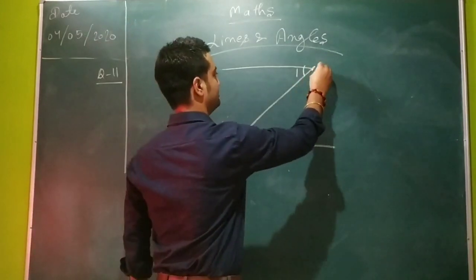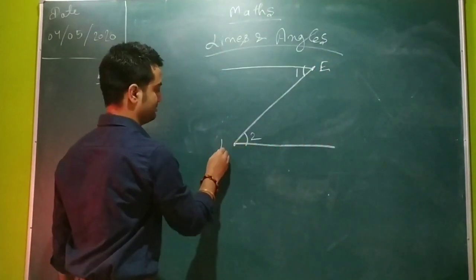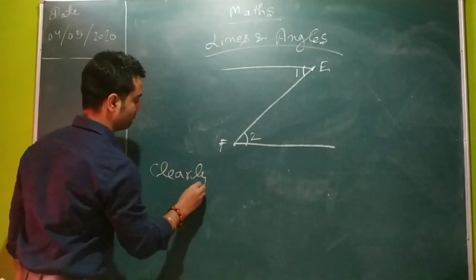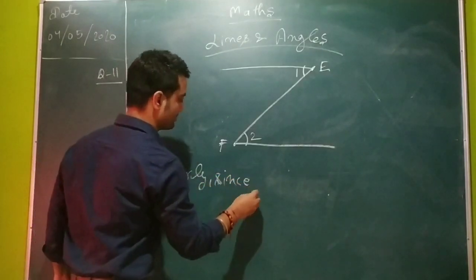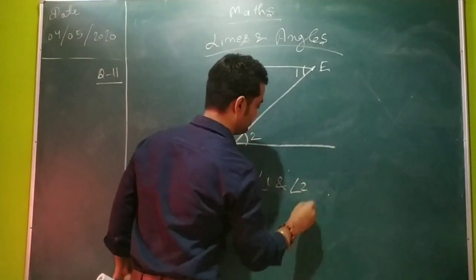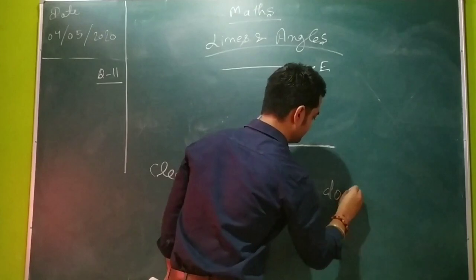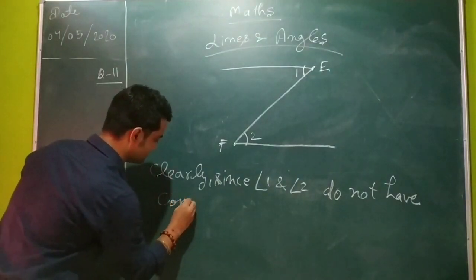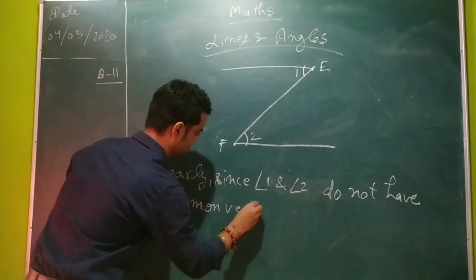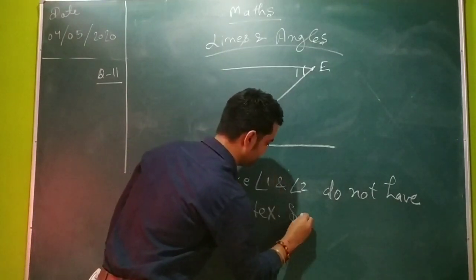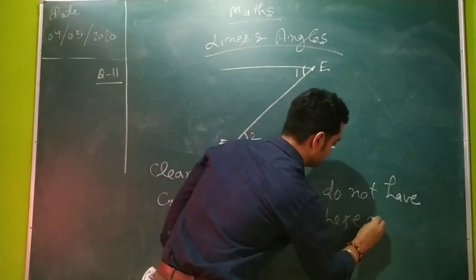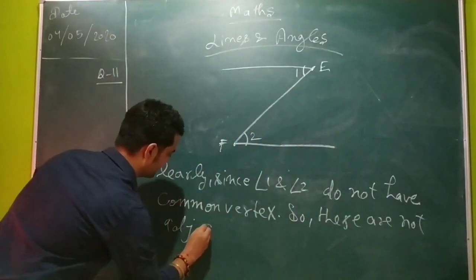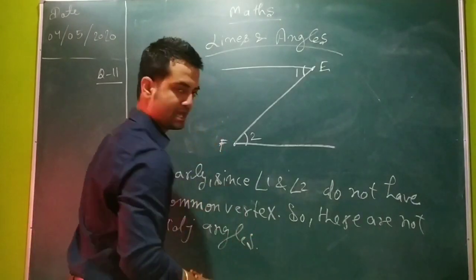Angle 1 has its vertex here, let it be point E. Angle 2 has its vertex here, let it be point F. Clearly, since angle 1 and angle 2 do not have a common vertex, these are not adjacent angles.